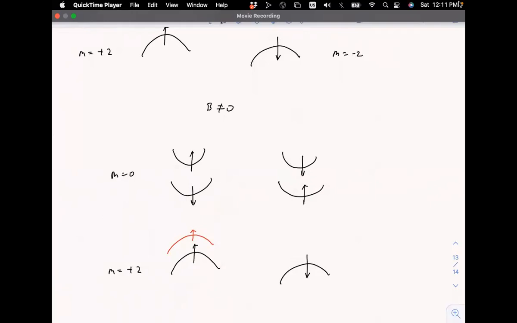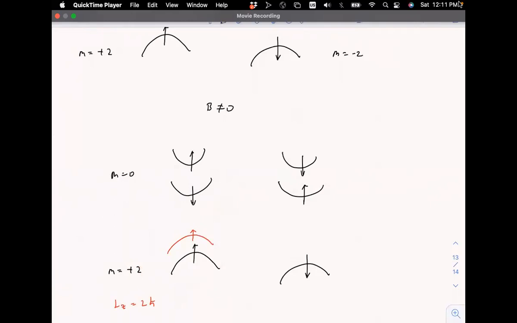Because m means that the angular momentum is 2 h bar. So 1 h bar will give you one Bohr magneton, right? So 2 h bar will give you 2 Bohr magnetons. So you shift up by 2, by a unit of 2. And a unit of 1 means the shift of 1 Bohr magneton.